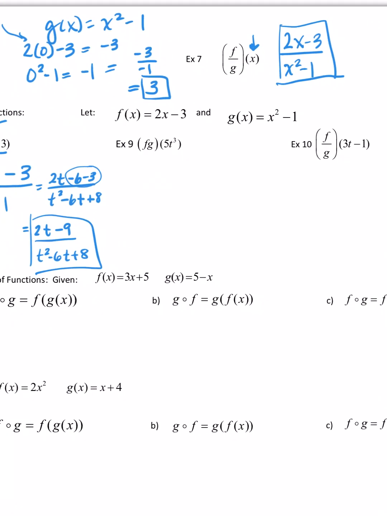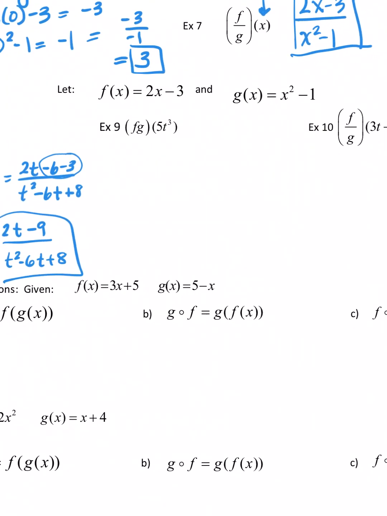Let's try number 9. This one we're multiplying the functions, but we're plugging in 5t cubed first. Okay, so 2 times 5t cubed minus 3 is going to give me what? 10t cubed minus 3. And then I take the g of x, and it says 5t cubed. I have to square that minus 1.